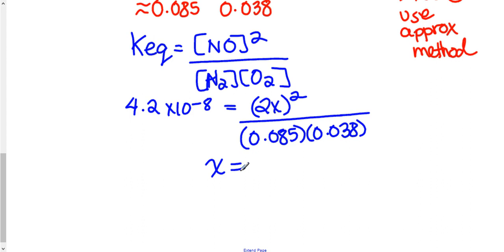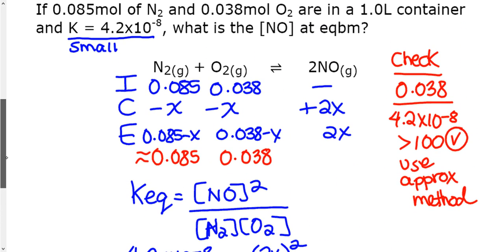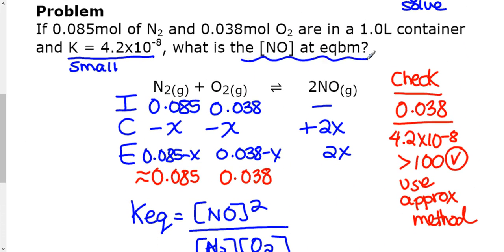And when you do that, if you've checked your answer, you should get about 5.8 times 10 to the negative 6. Remember, that's in moles per liter at this point. And we need to solve for our equilibrium concentration for nitrogen monoxide. So we need to solve for 2x.